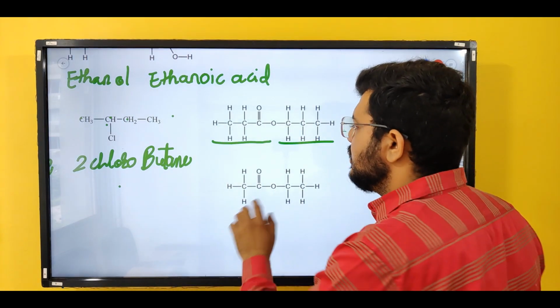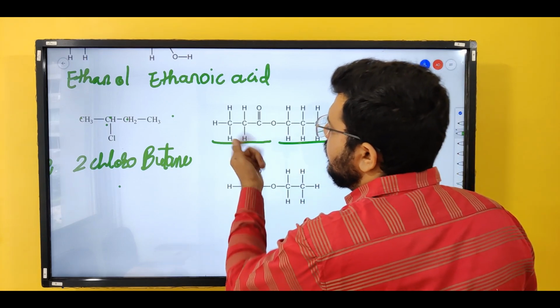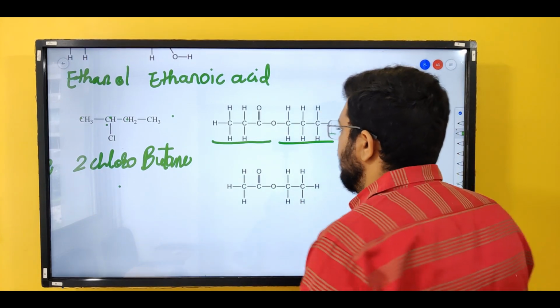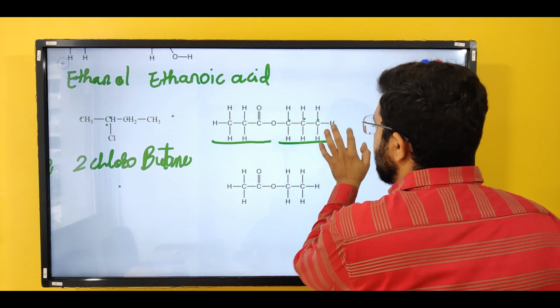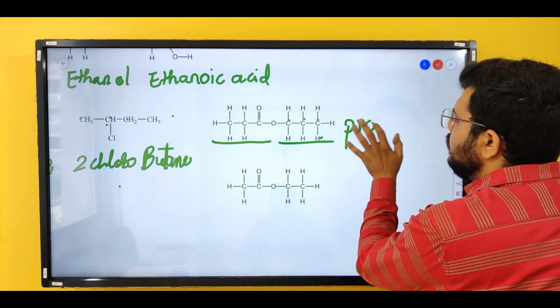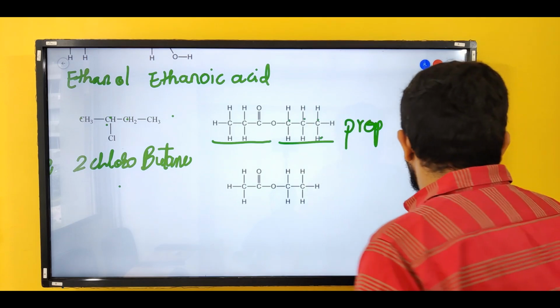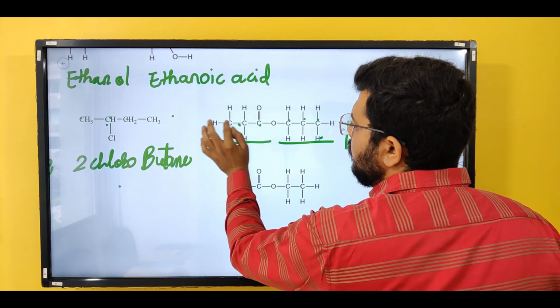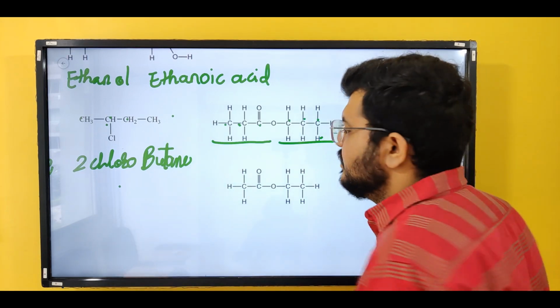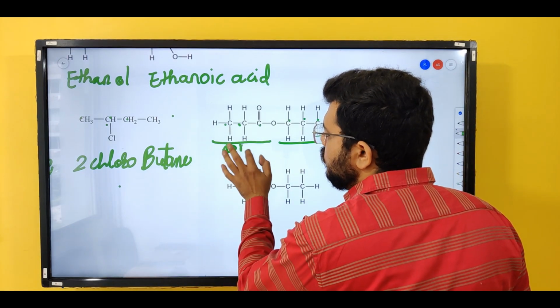In naming, you first name the alcohol and then the acid. How do we do that? Let's see. There are 3 carbon, so the name is pro, right? And the number of carbon on the acid side is also 3, so this is also pro.